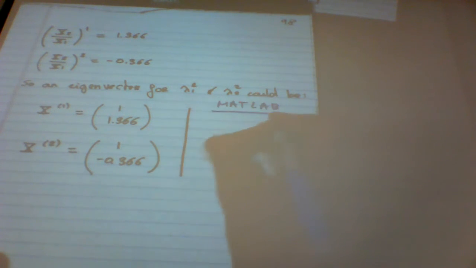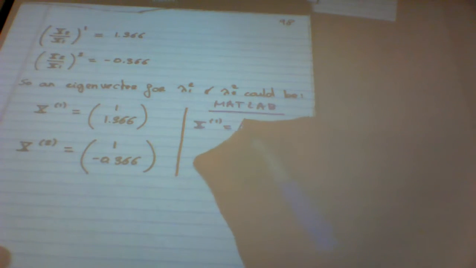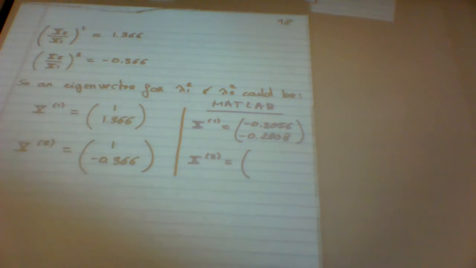So basically what I'm going to write down over here is that MATLAB is giving you negative 0.2056, negative 0.2808, and x2, negative 0.3972, 0.1454.